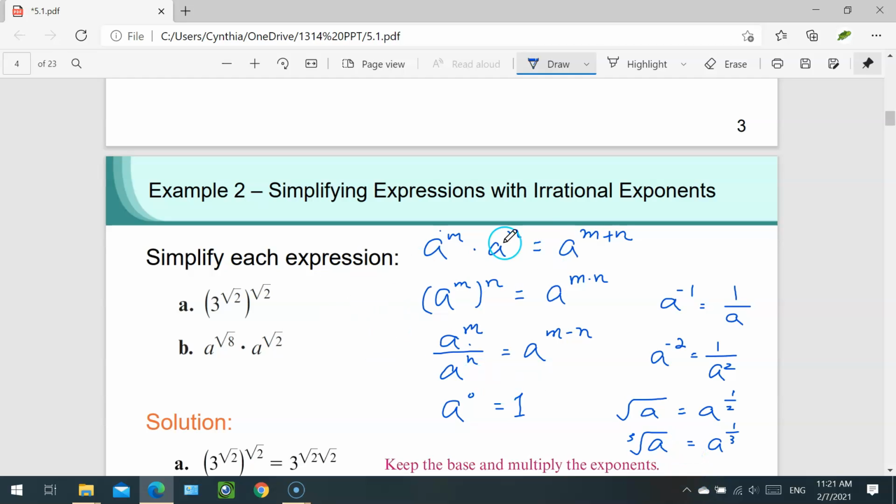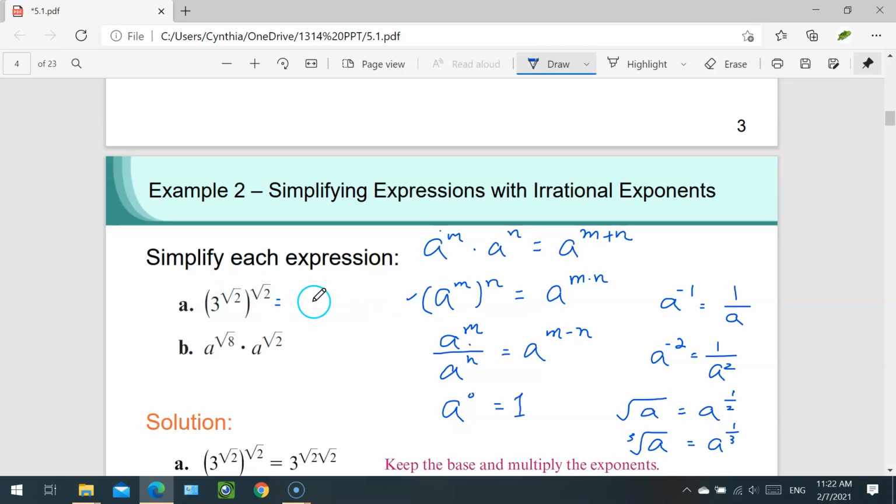In this section we are going to use the properties of the exponential function to work on problems. Look at the first example. I have 3 with the power square root 2, and outside of the parenthesis has another power square root 2. So we go with this rule.